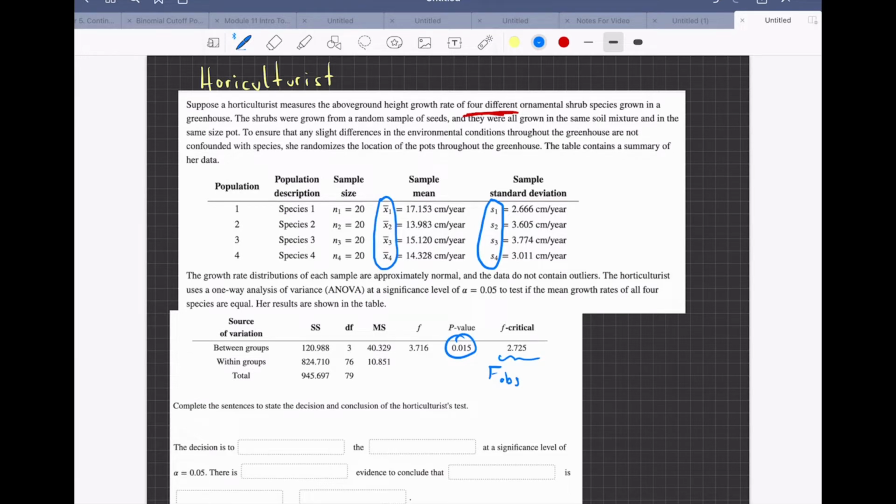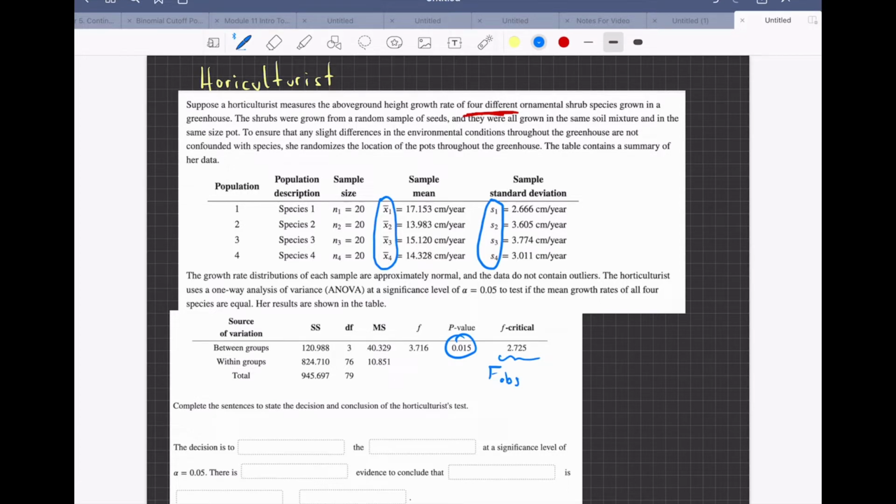What are the hypotheses? Complete the sentence to state the decision and conclusion of the horticulturist's test. Here, what are we talking about? Species.